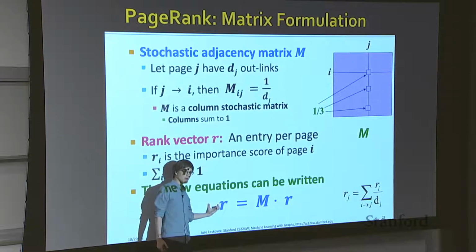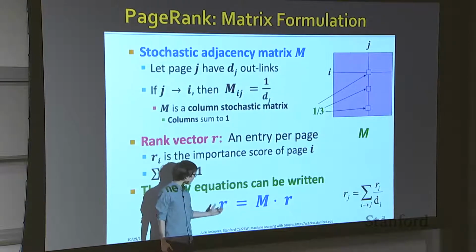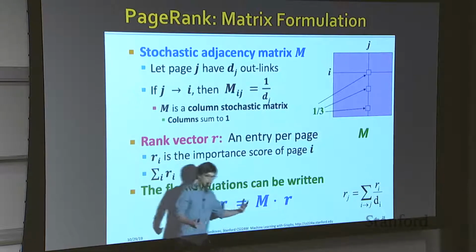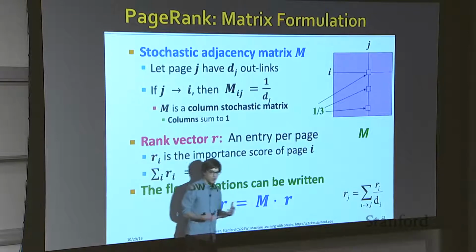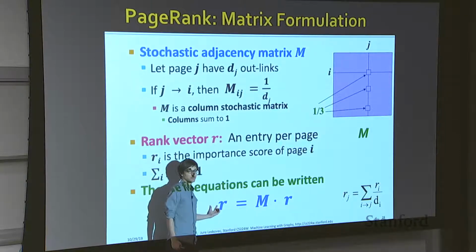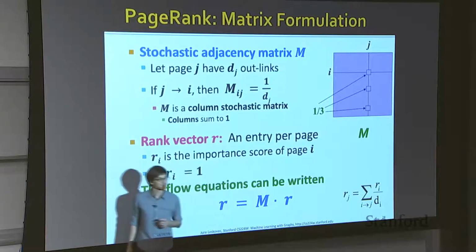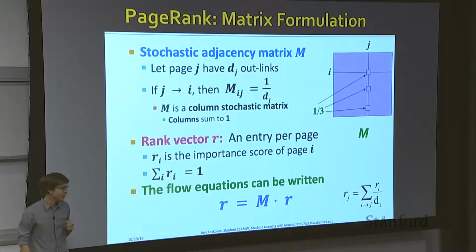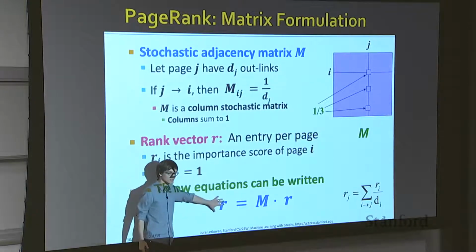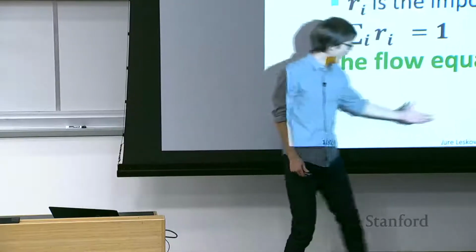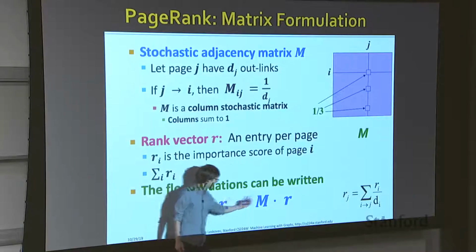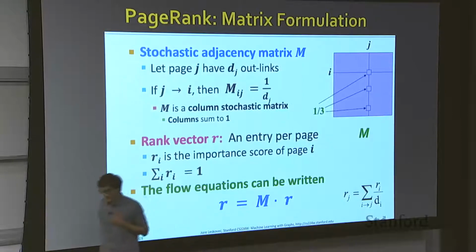I don't have it anymore, because this means that now the solution, my PageRank vector, will be the eigenvector that corresponds to the eigenvalue of 1 of this matrix. This is a bit of a preview of what's happening. That's why I was saying that this is the most beautiful kind of linear algebra algorithm. So this is a recursive equation because I have R on both ends.